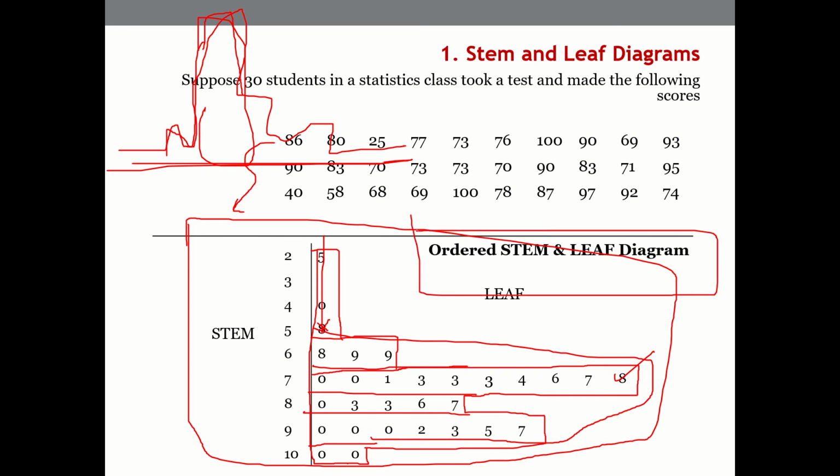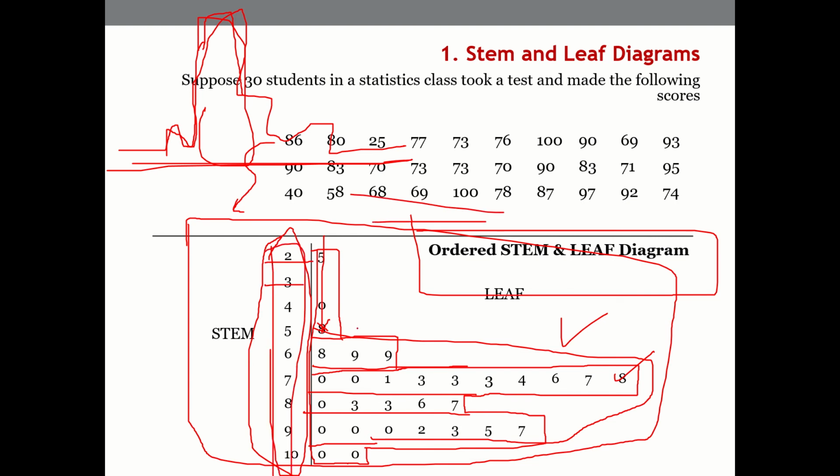The ordered stem and leaf diagram is one very simple technique for putting the data set into a picture. It is our prerogative, our decision based on the data set we have, how we plot this information.